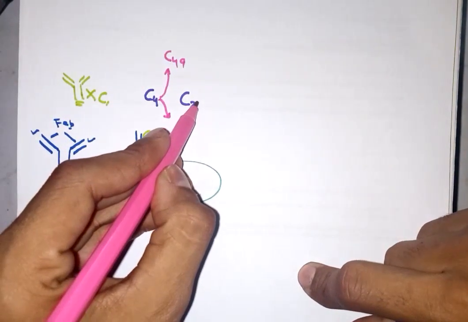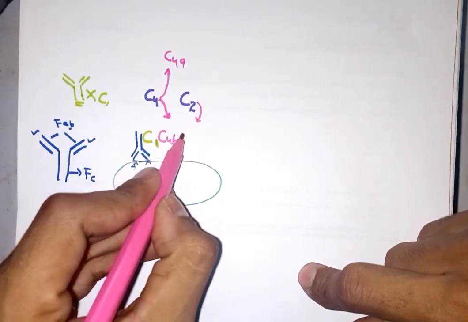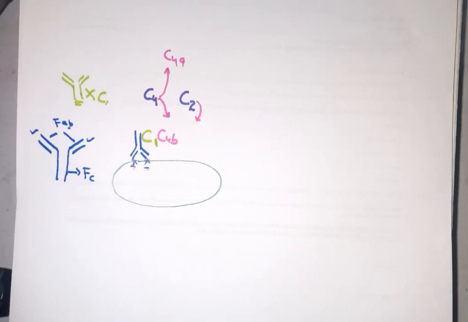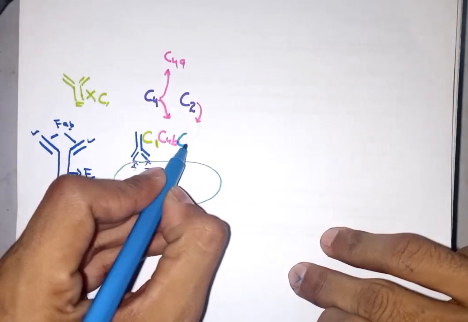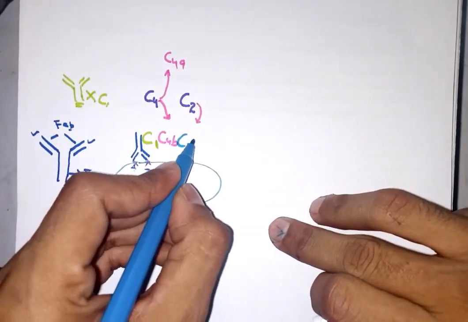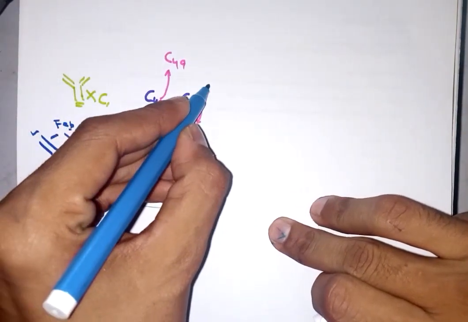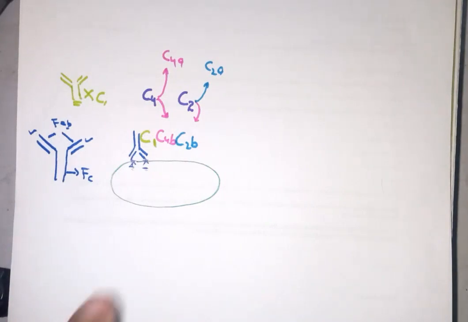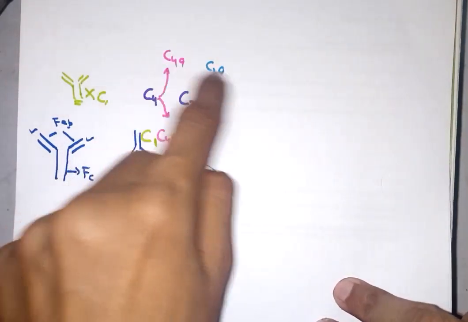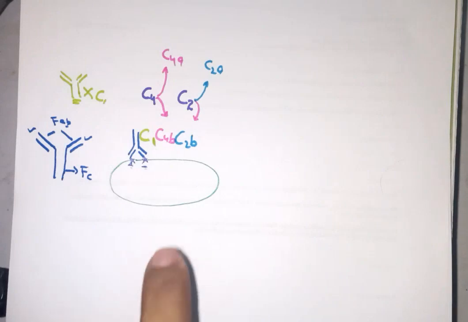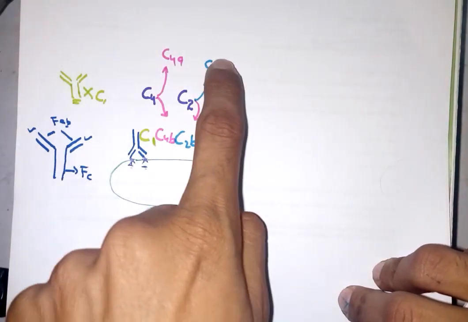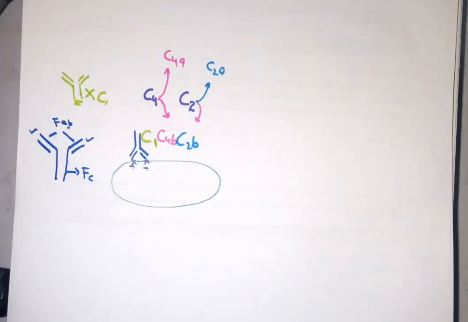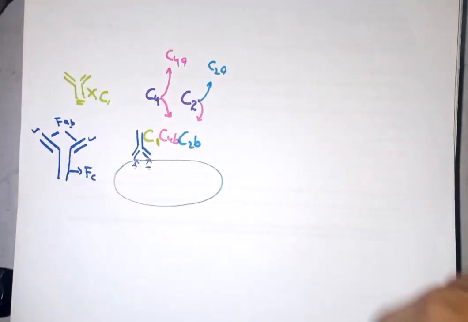Similarly, it will break C2 into C2b and C2a. The B portion will form a complex and the A portion will stay away. We will talk about the significance of the As and Bs in a later part of the video. Stay with me.